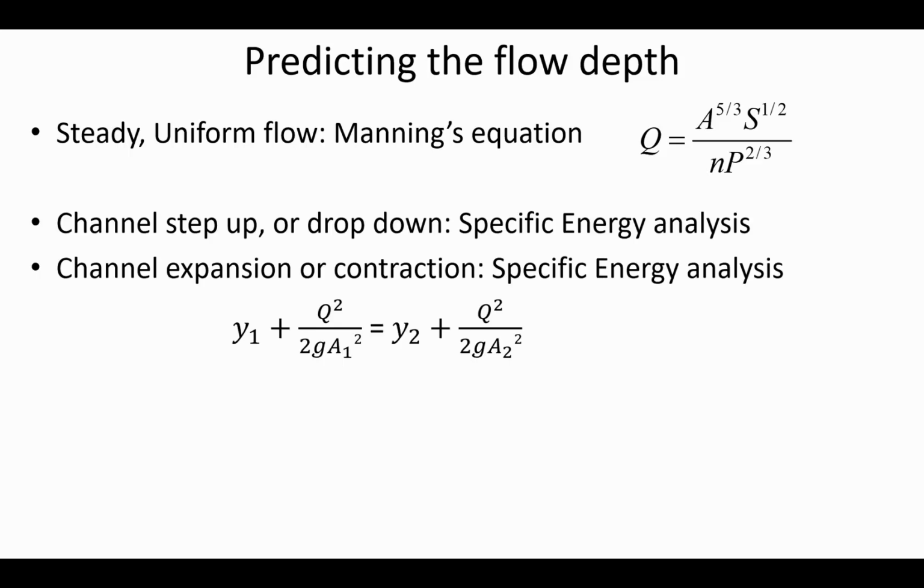More recently, we were talking about what happens when there's some sort of an interruption to steady uniform flow. For instance, if there's an obstruction in the channel, or if the channel becomes wider or narrower, we can use specific energy analysis to predict what's going to be the reaction.